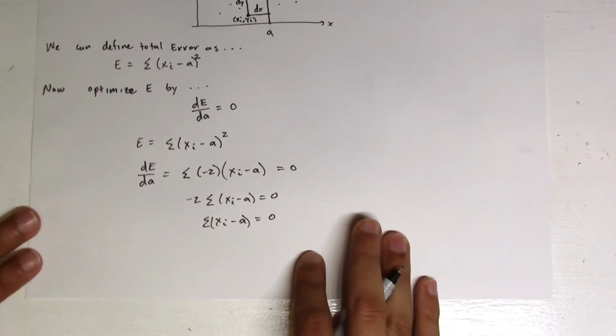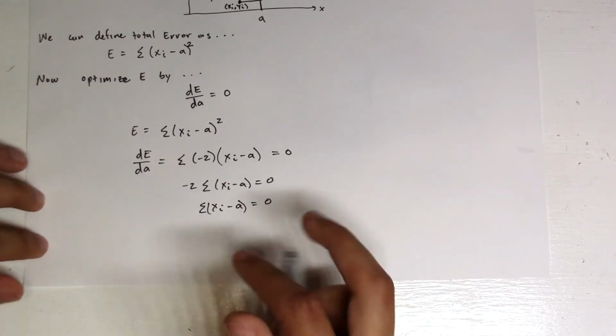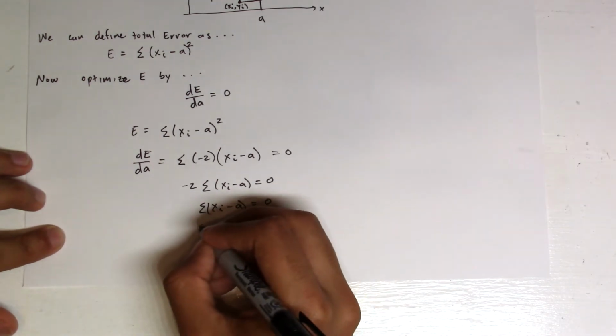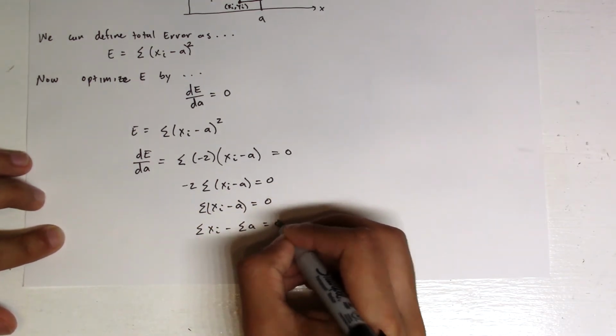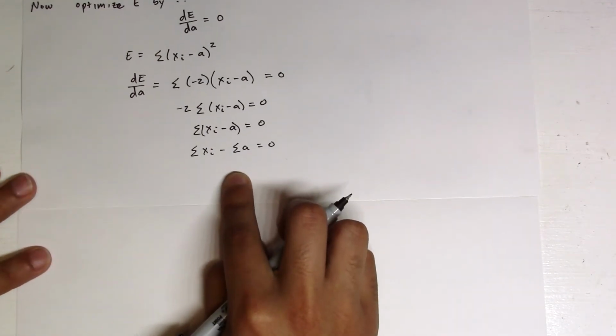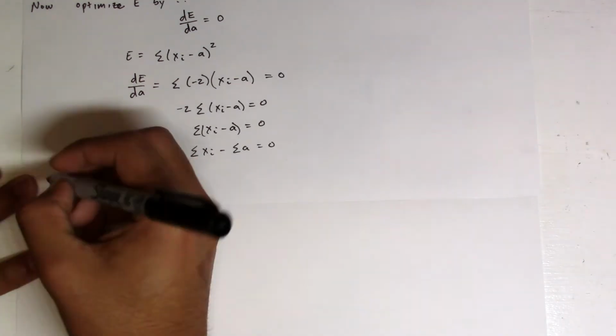As before, we're going to distribute the sigma notation and find a. So we can do the sum of xi minus the sum of a. Since we know a is a constant, we can move it out of the sigma notation as we've done before.